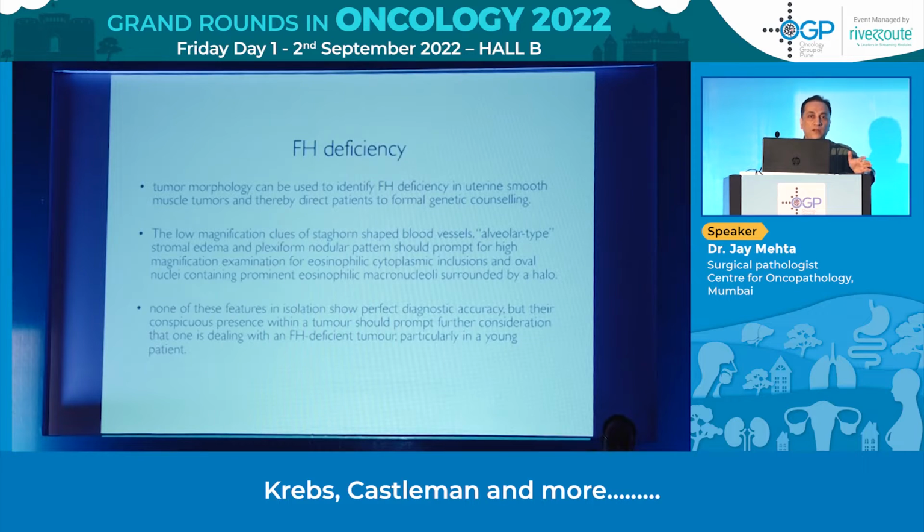Let me clarify, none of these features in isolation show perfect diagnostic accuracy, but their conspicuous presence within a tumor should prompt further consideration that one is dealing with an FH-deficient tumor, particularly if you're dealing with a young lady.